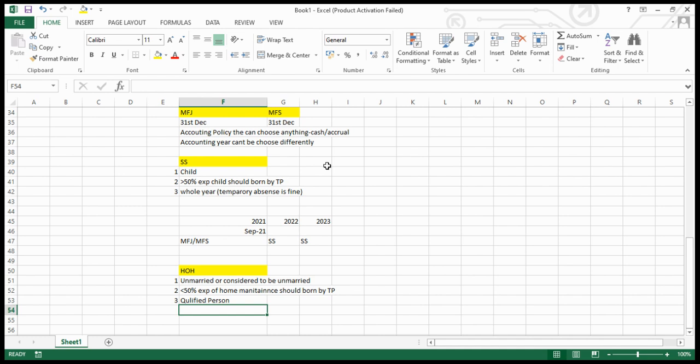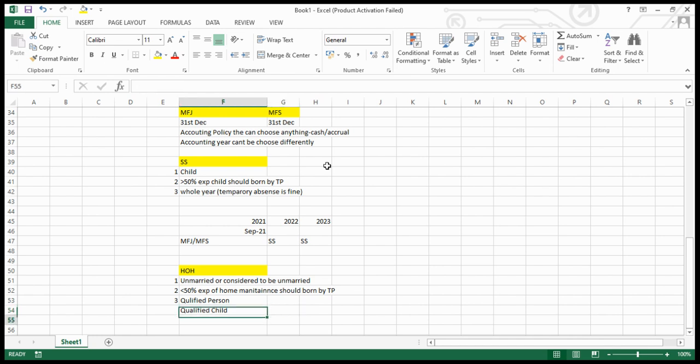Okay. So coming to the qualified person, who is a qualified person? We will discuss here. Qualified child. The qualified child is a qualified person. Child here represents biological, step, adopted. Here it includes foster as well. Foster child is also eligible as a qualified person.